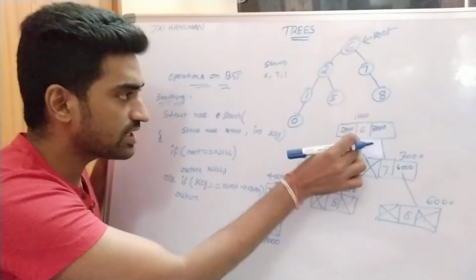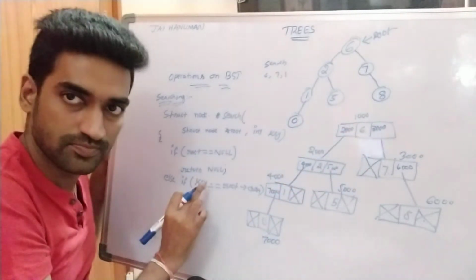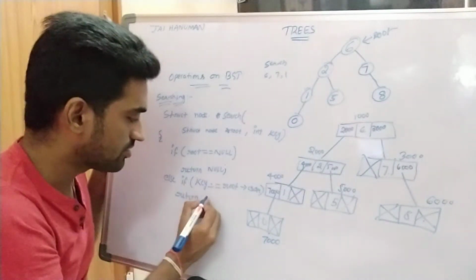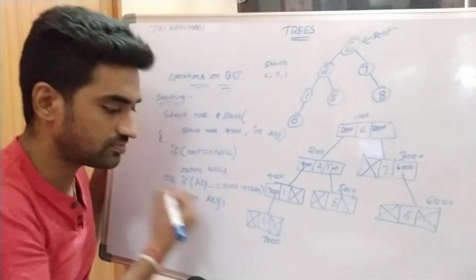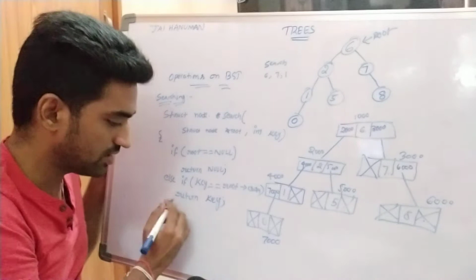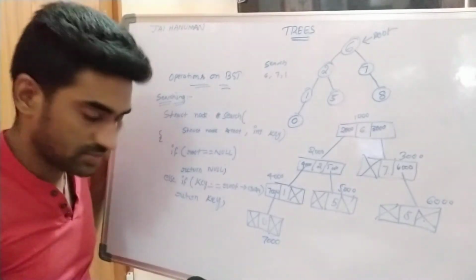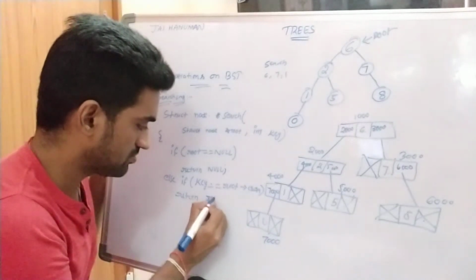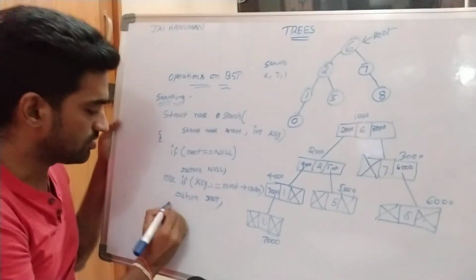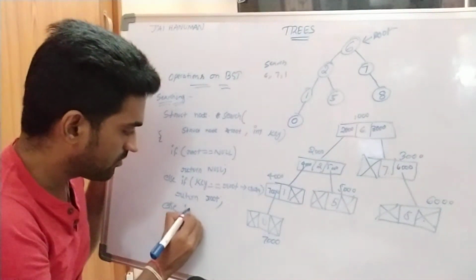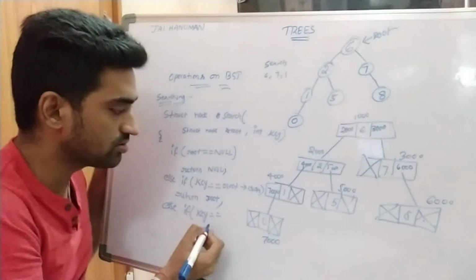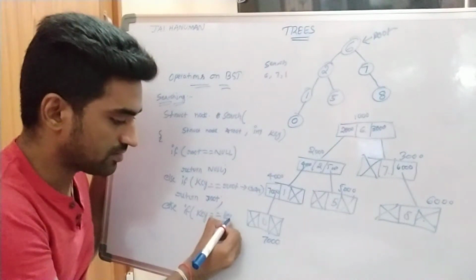Once root data is equivalent to the key value, the searching element is the key element, so we can return the key value. The key value is nothing but the root value. Return root.